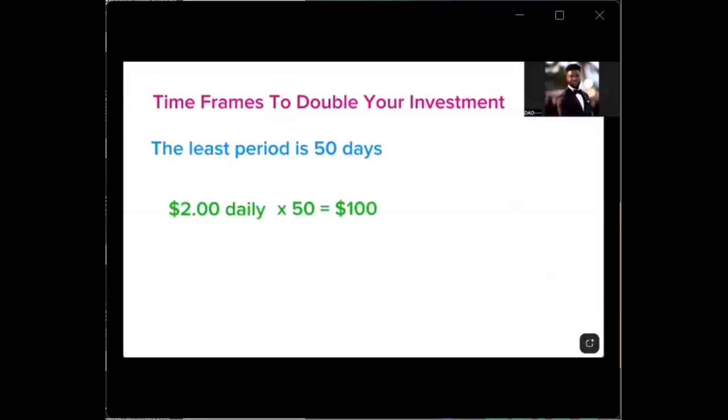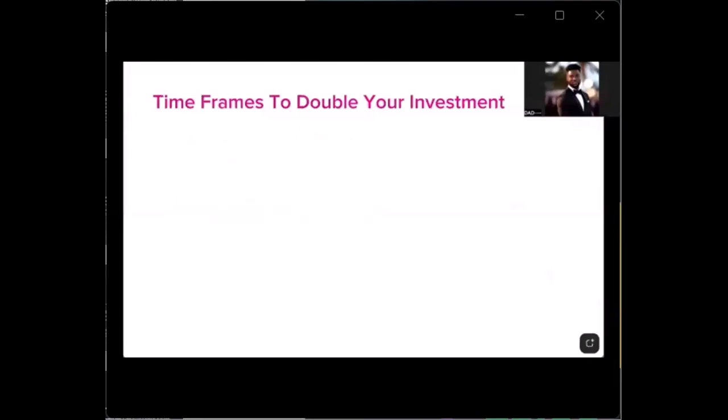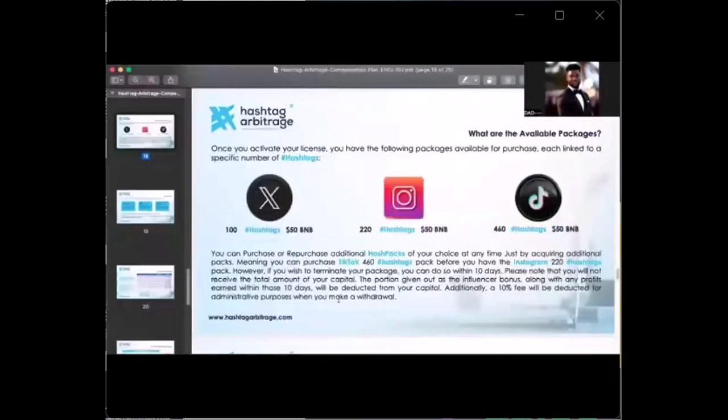Isn't that so? So, 50 days is the minimum period for doubling your investment. Now that we have a good understanding of the hash packs and how they operate to produce daily earnings, let's dive a bit deeper into additional opportunities for affiliate marketers or influencers.